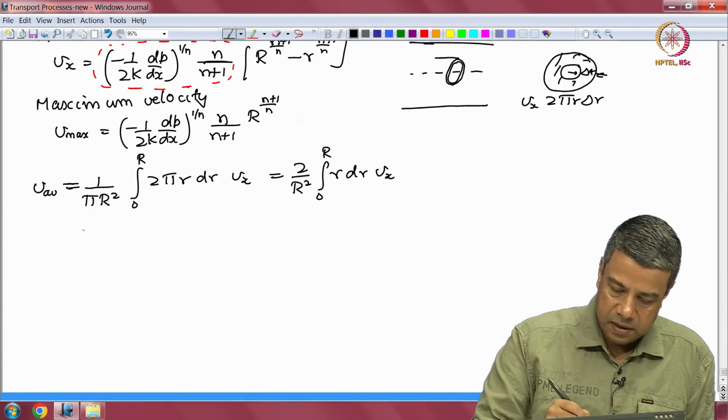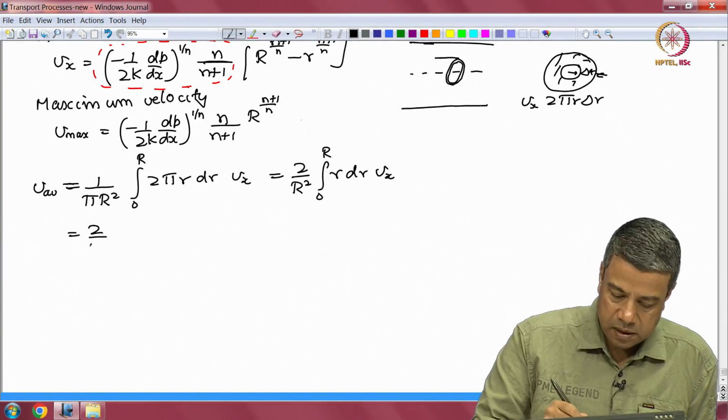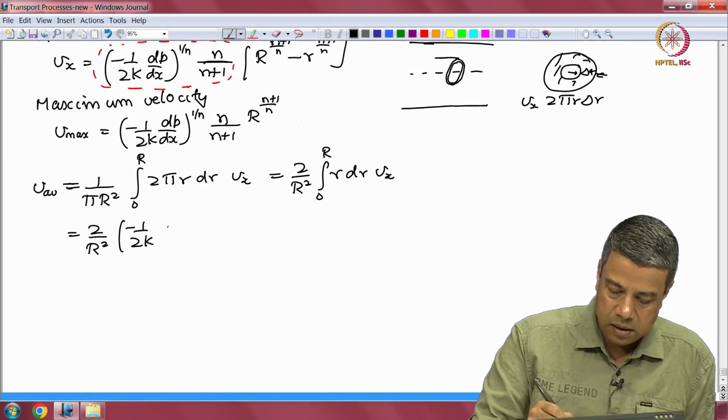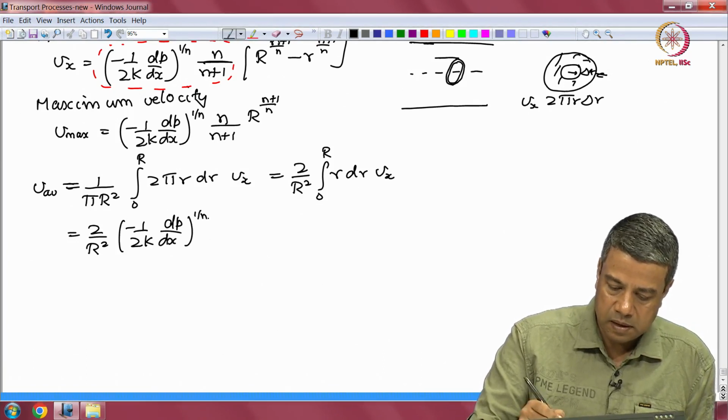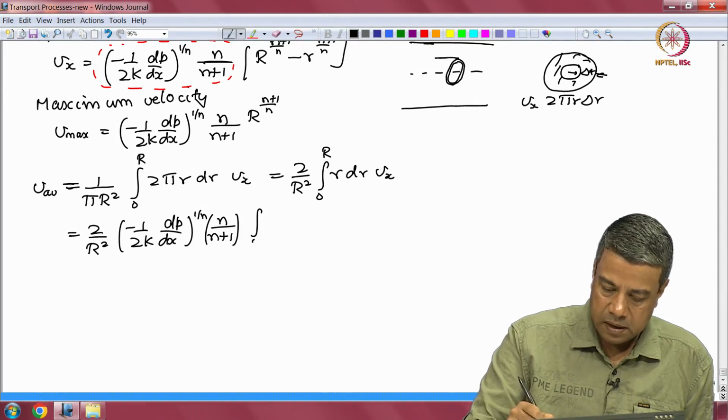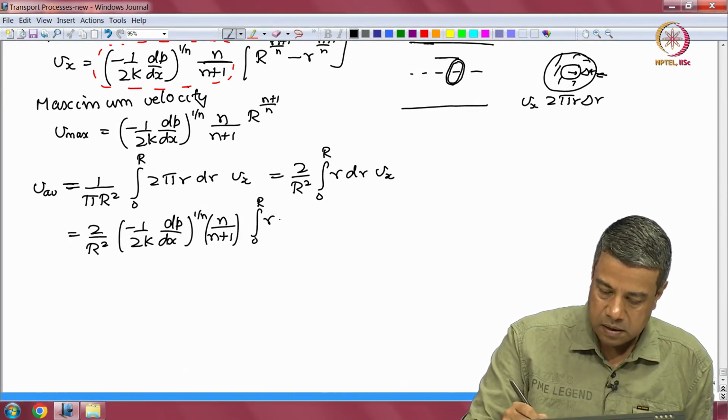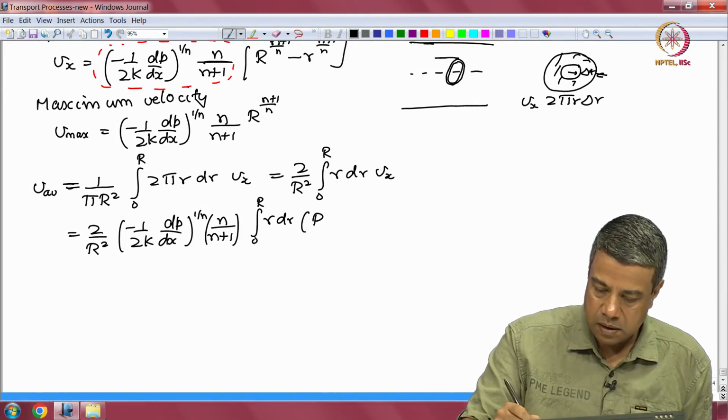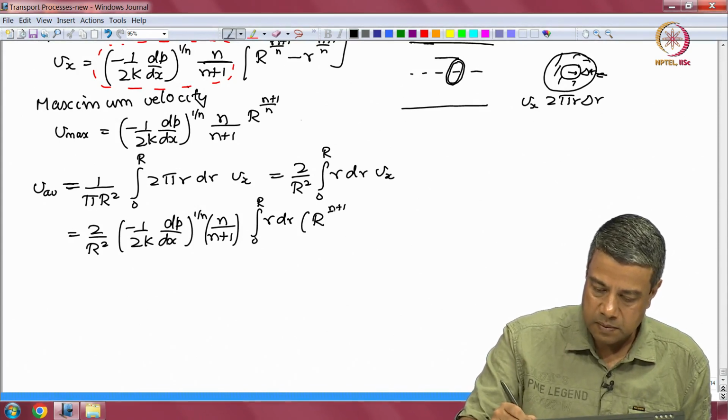So, I will get 2 by r square into minus 1 by 2 k dp by dx whole power 1 by n, n by n plus 1, integral 0 to r dr into r power n plus 1 by n minus r power n plus 1 by n.